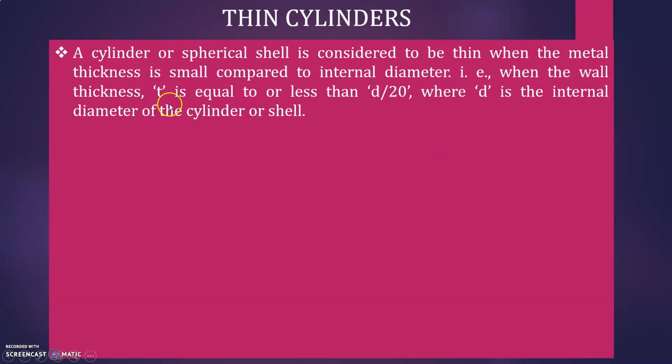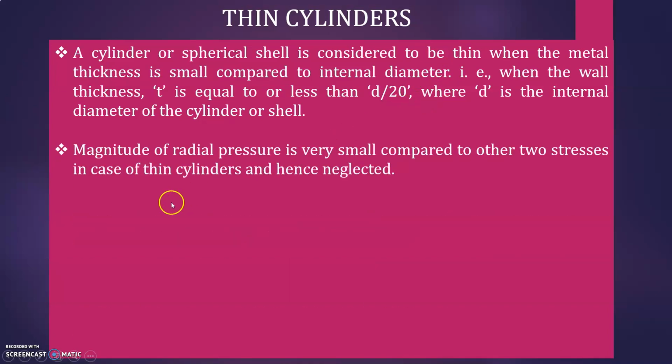That is, when the wall thickness t is equal to or less than D divided by 20, where D is the internal diameter of the cylinder or shell. This means the thickness is equal to or less than 1 divided by 20 times the diameter. Then you can say this is a thin cylinder.